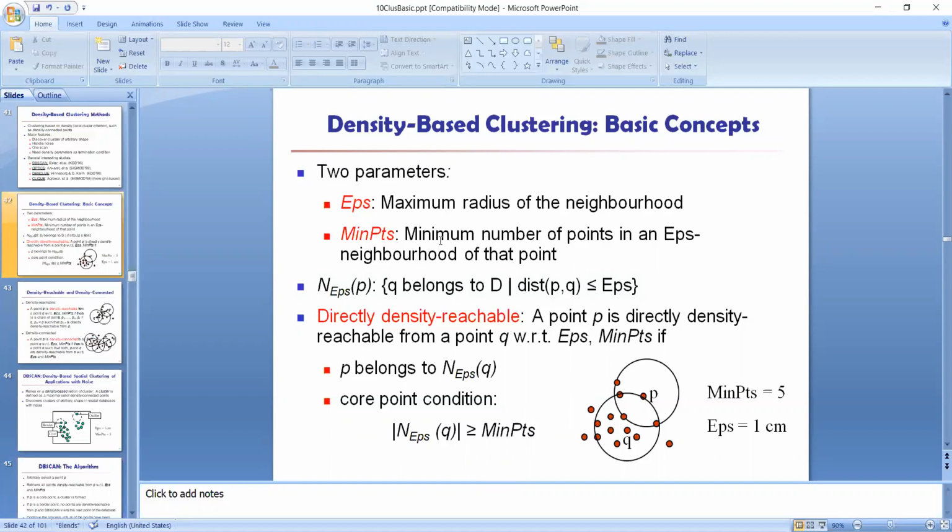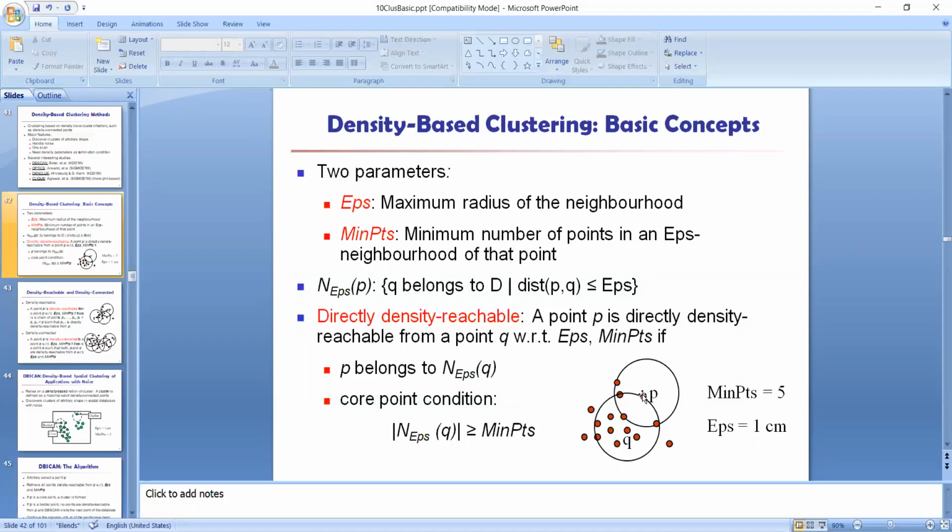So epsilon is representing the maximum radius of the neighborhood, and minimum points is representing the minimum number of points in an epsilon neighborhood of that point.